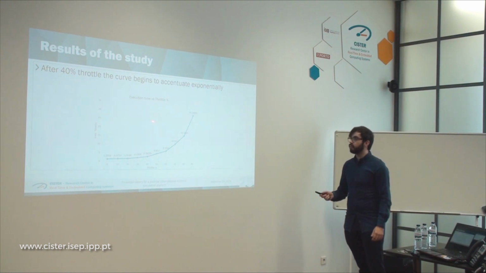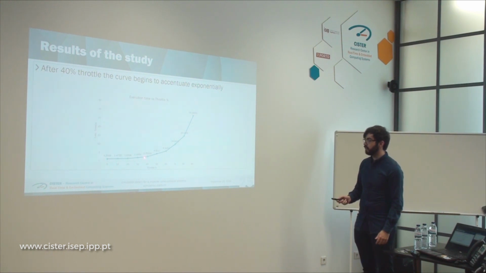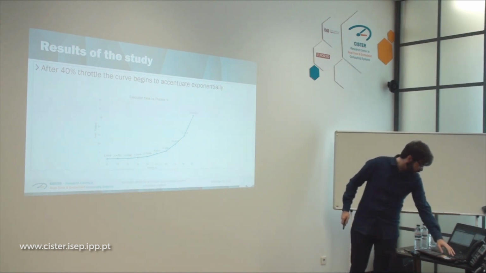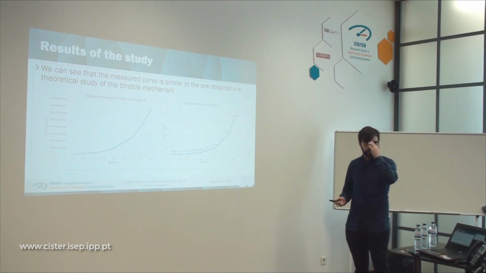So we can conclude that after 40% throttle, we can actually see in the graphic that it has a steep curve. It's an exponential curve. So we actually made a theoretical study of the mechanism.